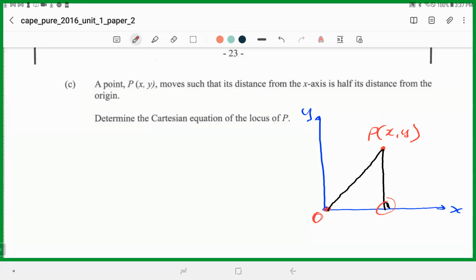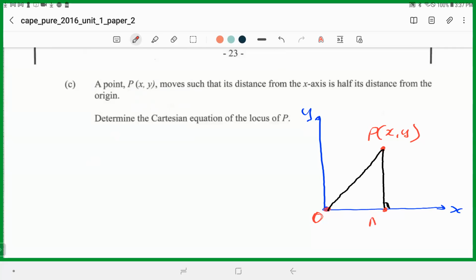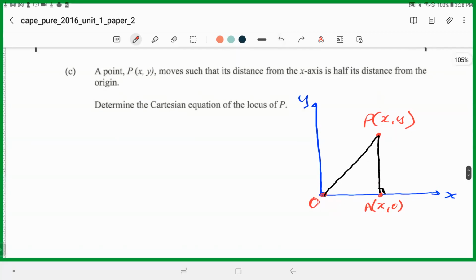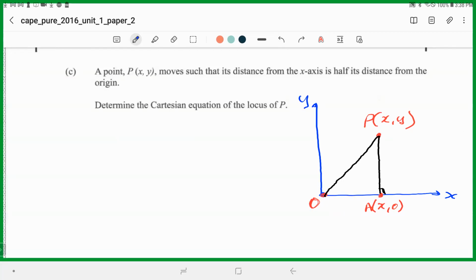Let's call this point A, right here on the x-axis. What will be the coordinates of A? A will be the point (x, 0), the same x value as P. If this point is (x, y), the x value at A is x. The distance from the x-axis is y.